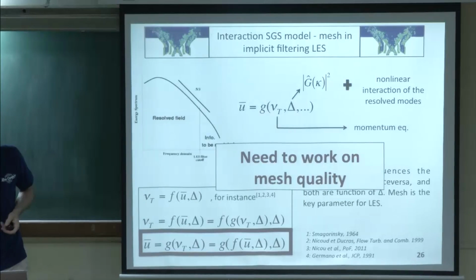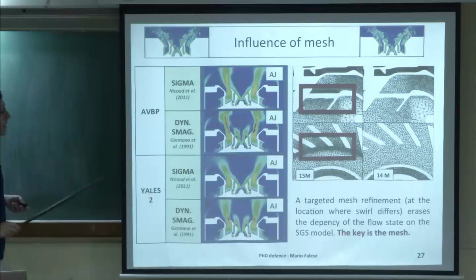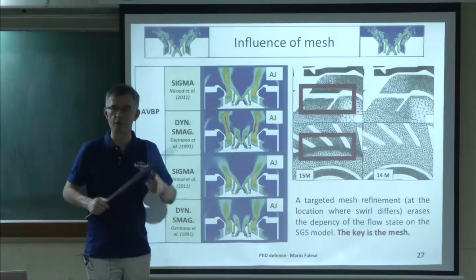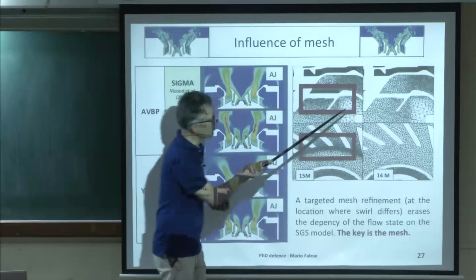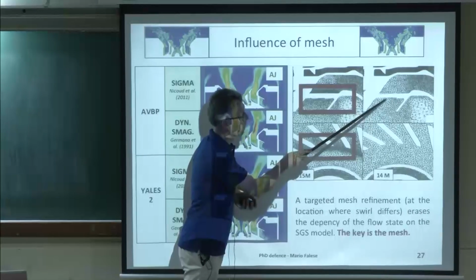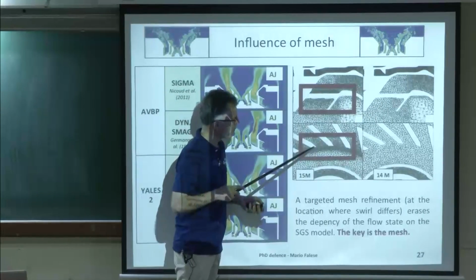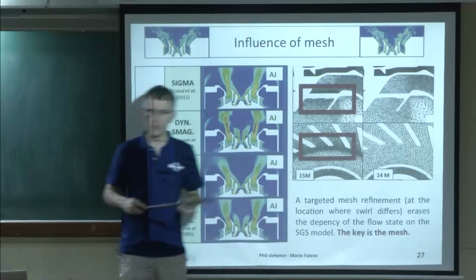So we went back to the simulation and we said, okay, what's happening if we change the mesh? Let's make the mesh a little bit better. For example, we knew that in those zones close to the swirler, we didn't have that many points. So we made a better mesh with more points, and we reran the simulation.